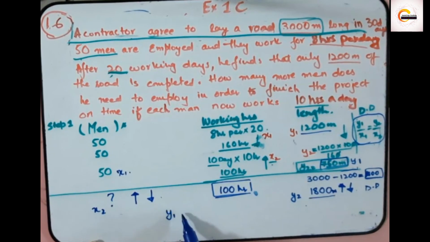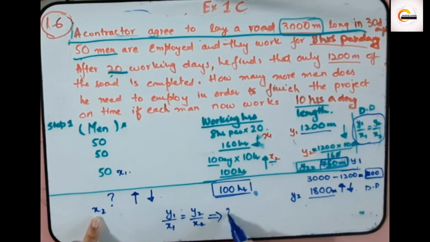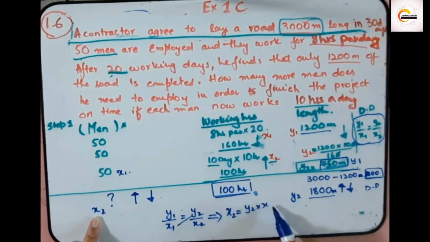y1 upon x1 is equal to y2 upon x2. What do we have to find out? We have to find out x2. Cross multiplication, x2 is equal to y2 multiplied by x1 upon y1.